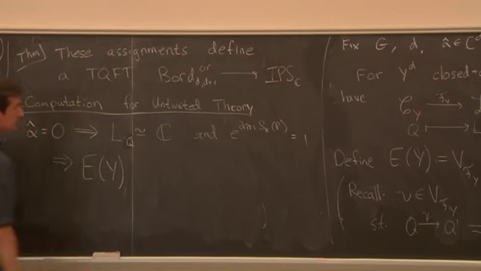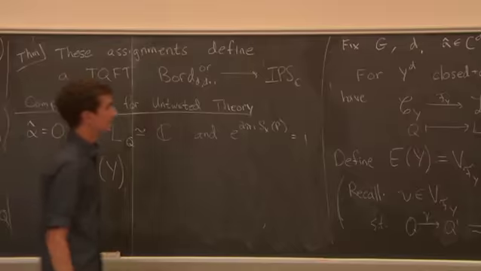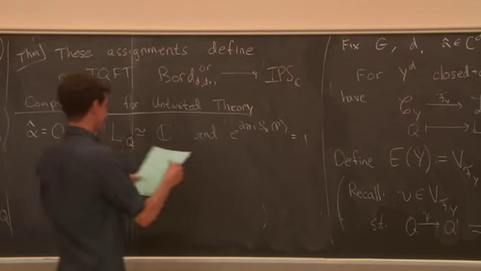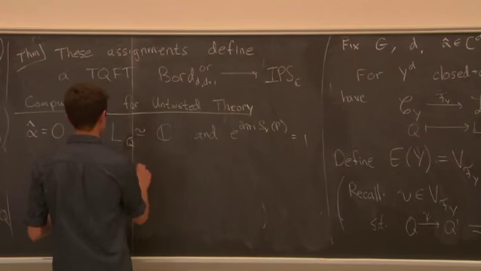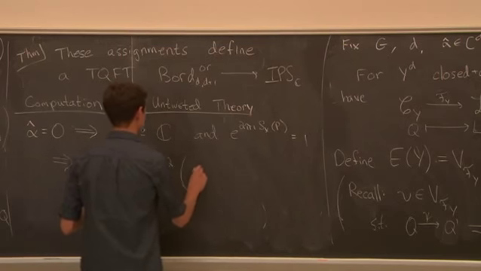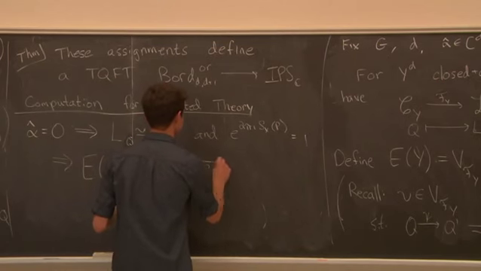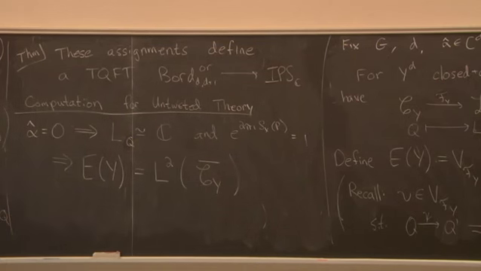So in this way, these sections can be identified with complex valued functions on isomorphism classes with the L2 inner product.